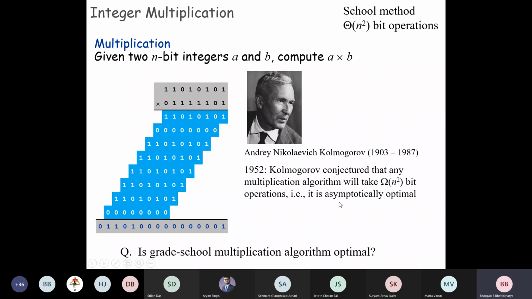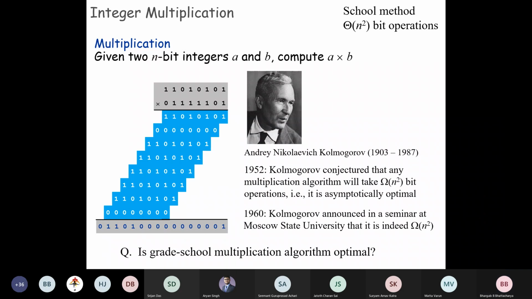That is, it is asymptotically optimal because you need to compute these n square partial product terms. This is a lower bound, it's quadratic. And a few years later, in 1960, he announced in a seminar that it is indeed optimal. It would take n squared time.